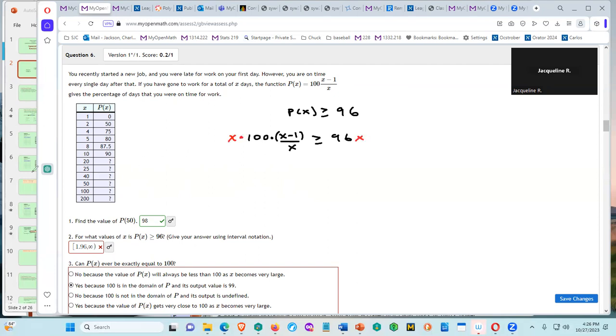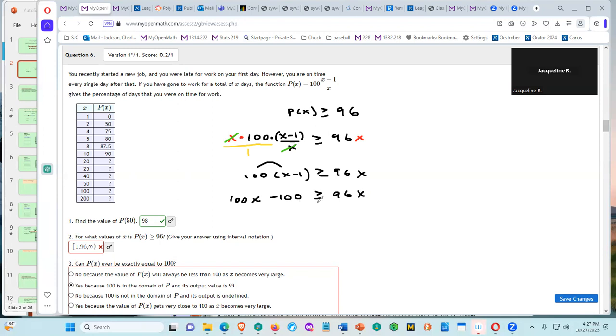And what we have then is 100 times (x minus 1) greater than or equal to 96x. 100x minus 100 greater than or equal to 96x.